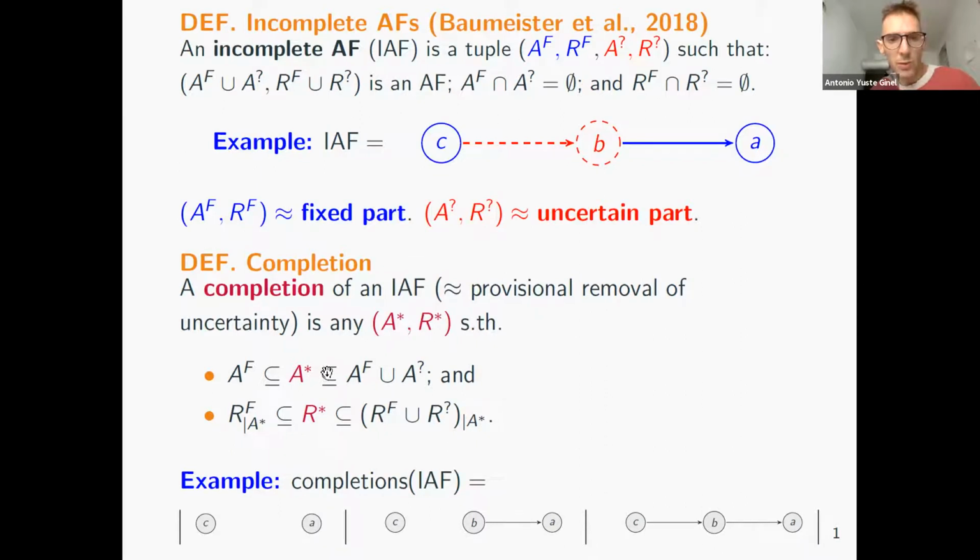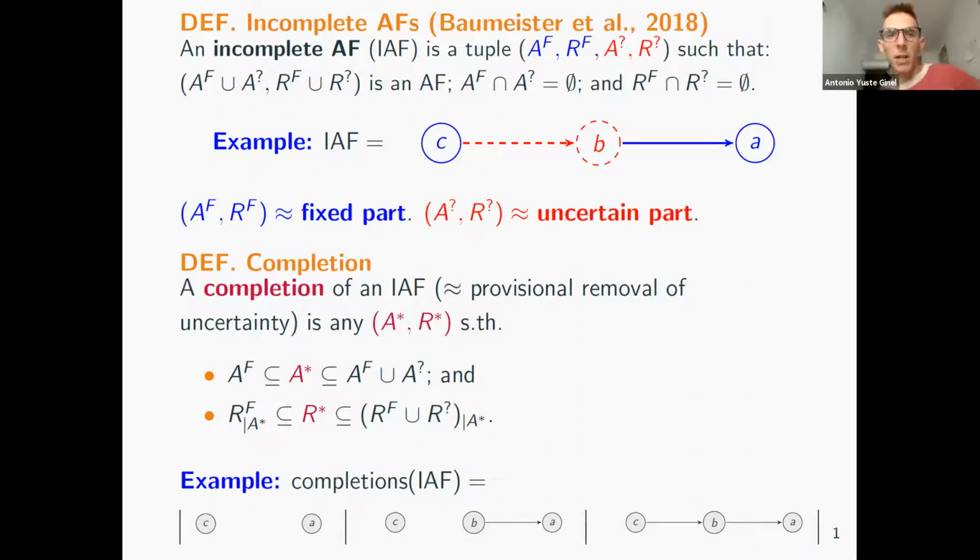And something similar is required for attacks, but restricting both extremes of the interval to the domain so that we get a directed graph. Just to continue with the example, the set of completions of this incomplete argumentation framework is depicted here, so it has 3 completions.